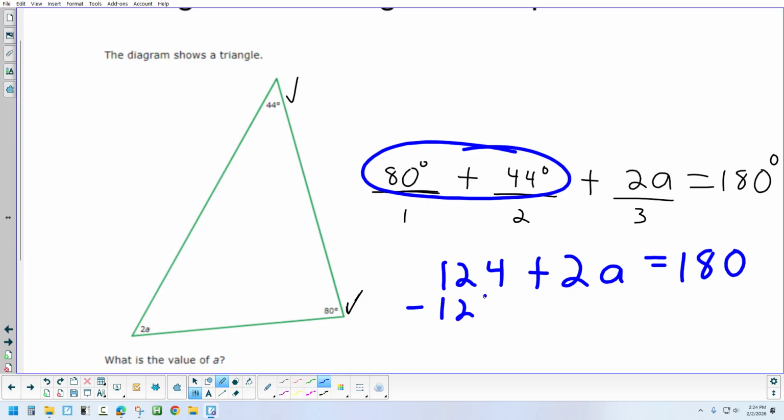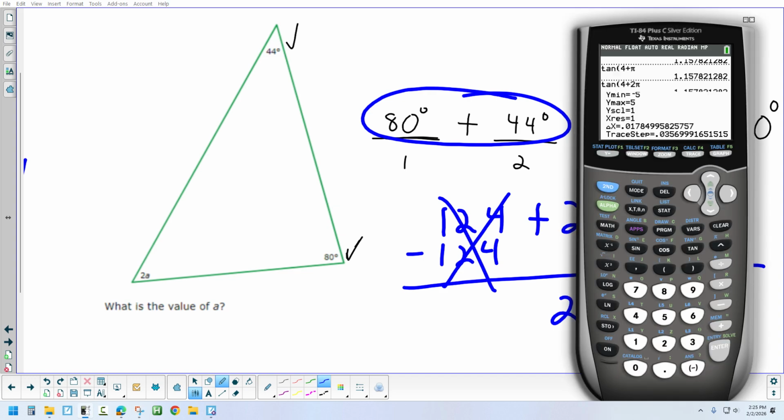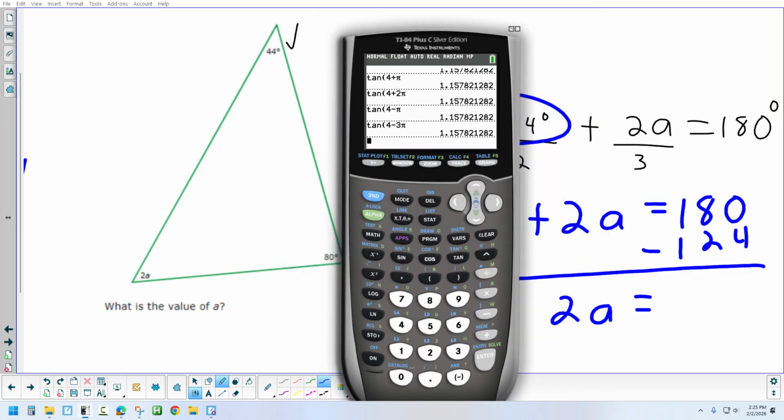Okay. What would be your next step if you were trying to get a by itself? Subtract 124 from both sides. What happens when you do 124 minus 124? That's gone. What's still on the left side? Nothing happened to this yet. 2a. And now, if you want to use your calculator, you can do that. Or, yeah, you're going to get 56. If you're not sure how to type it in, you just type 180 minus 124.